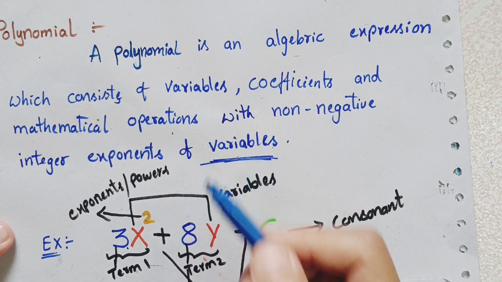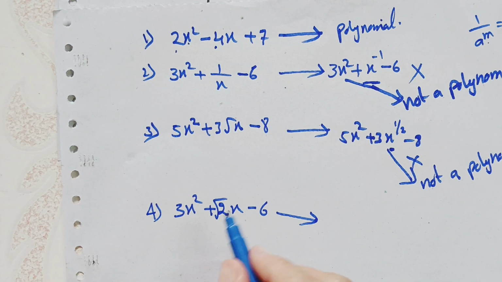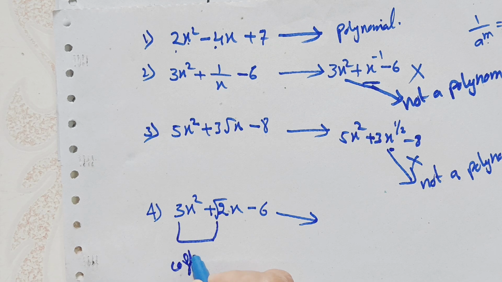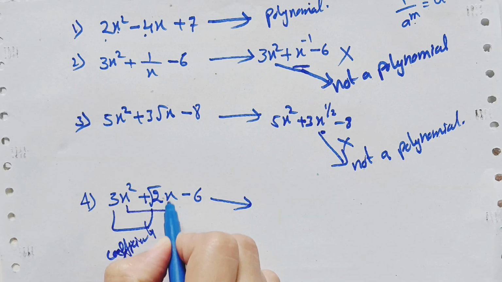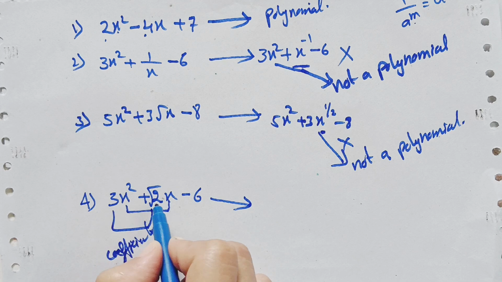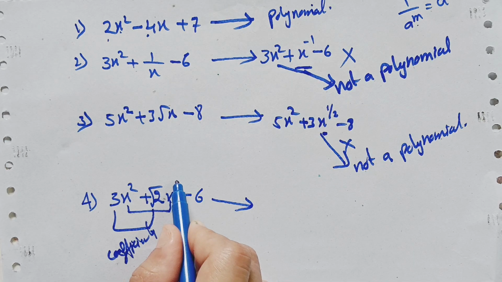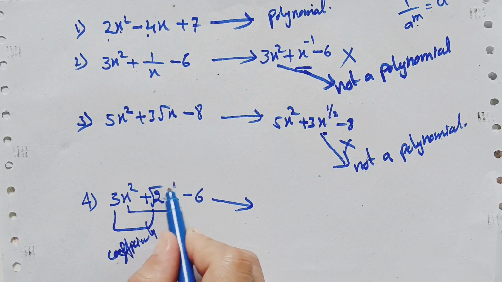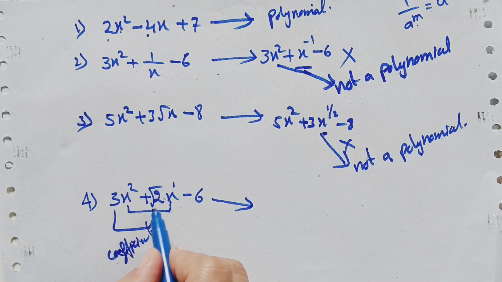Let's see again. Here root 2 is a coefficient. These 3 and root 2 are coefficients. So these two are variables. Here what is the power of x? X power is 1. So in the definition we are talking about the variables only. There is a rule for the variables only, not for the coefficients.